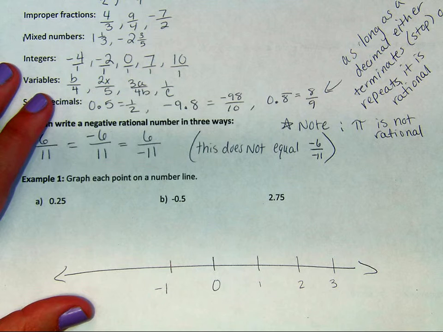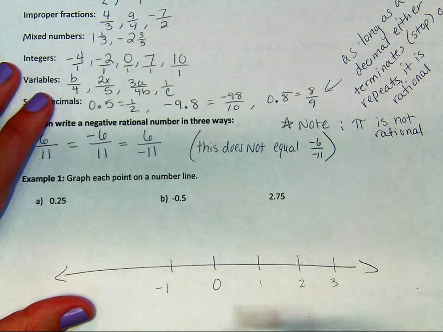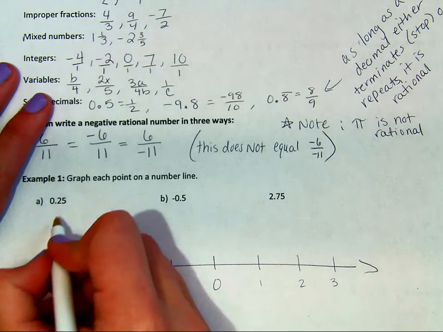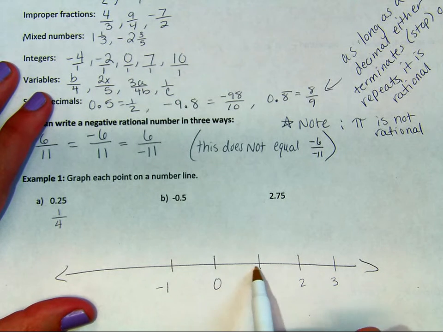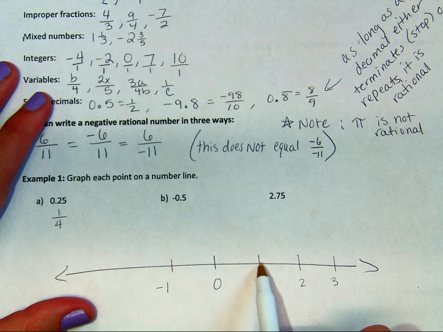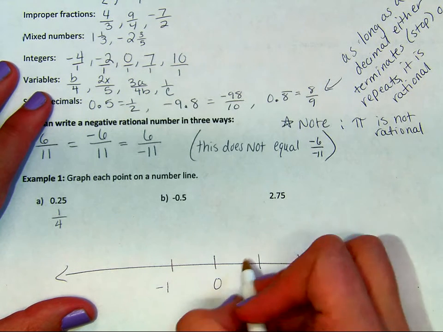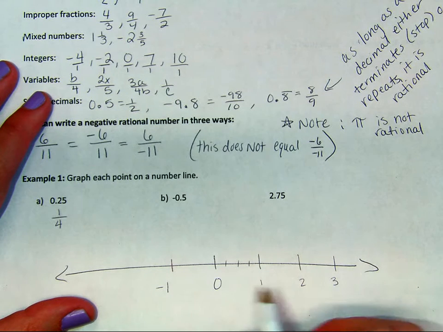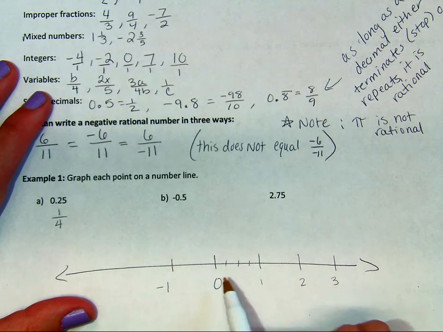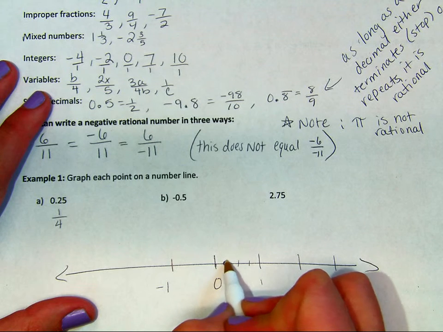Okay, so let's see. We'll plot 0.25 first. So 0.25 is equivalent to 1/4. So that means it's bigger than 0, but less than 1. And if I split each of my sections into 4 equal parts, 1/4, or 0.25, would be 1/4 away from 0.